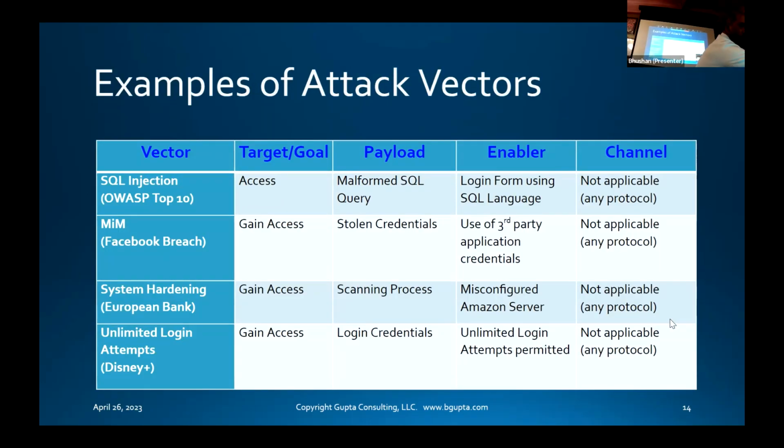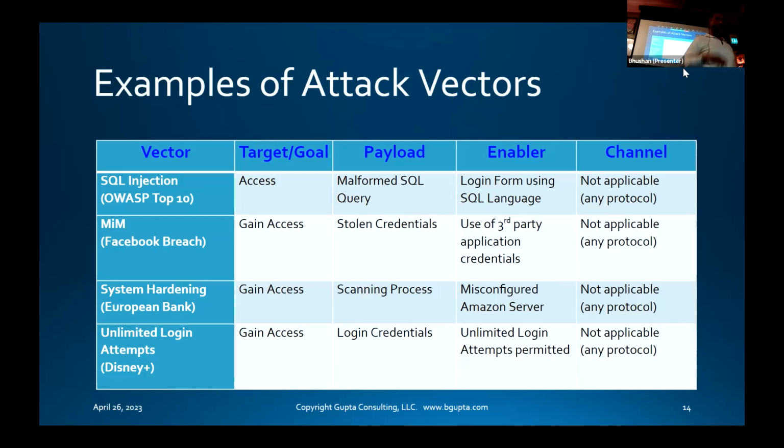Example, and I talked about SQL injection, and these are not just for show here. SQL injection was in the OWASP top 10 for a long time. That was the one single attack vector the hackers used all the time, because it gave them access. If they could force through that, they gained access to the system.